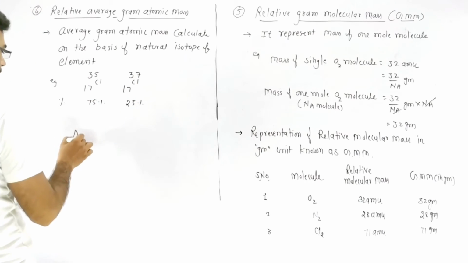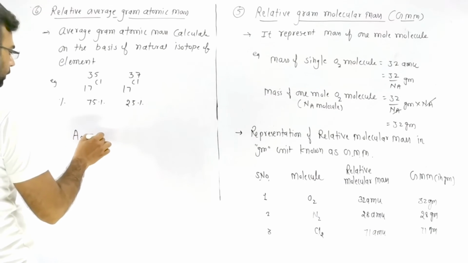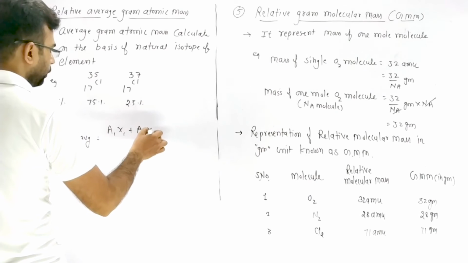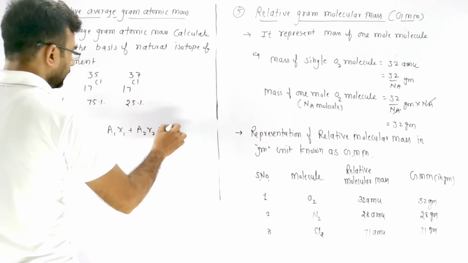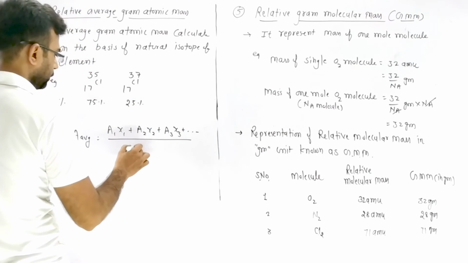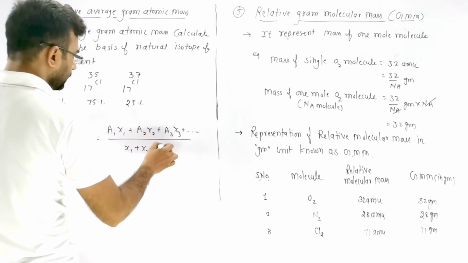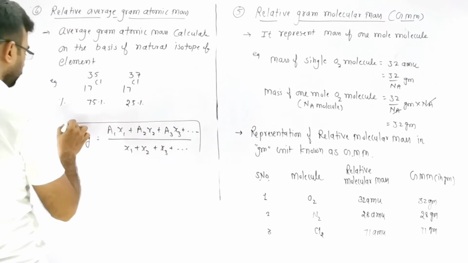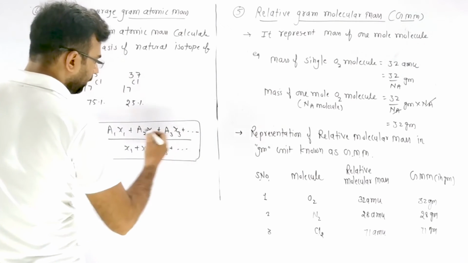So if we calculate average gram atom mass, then we have the formula (A1x1 + A2x2 + A3x3 + ...) divided by (x1 + x2 + x3 + ...). So this is the important formula for calculating average gram atom mass.